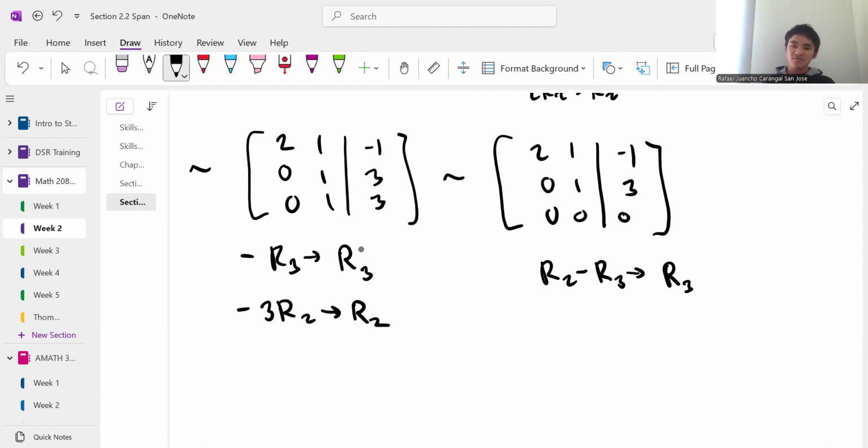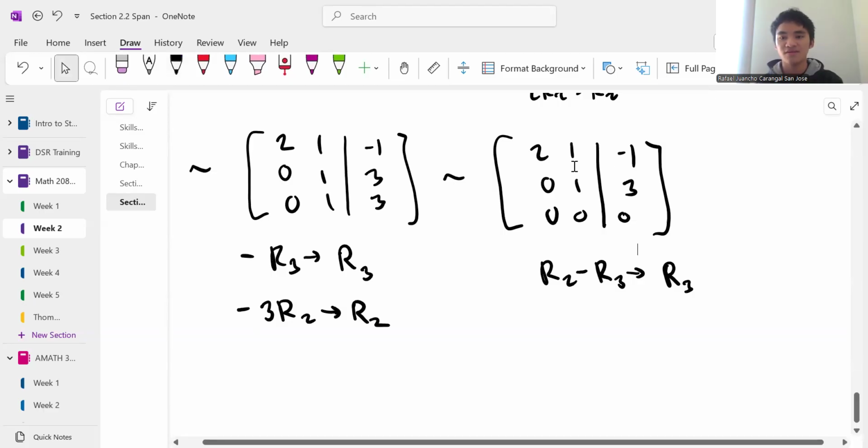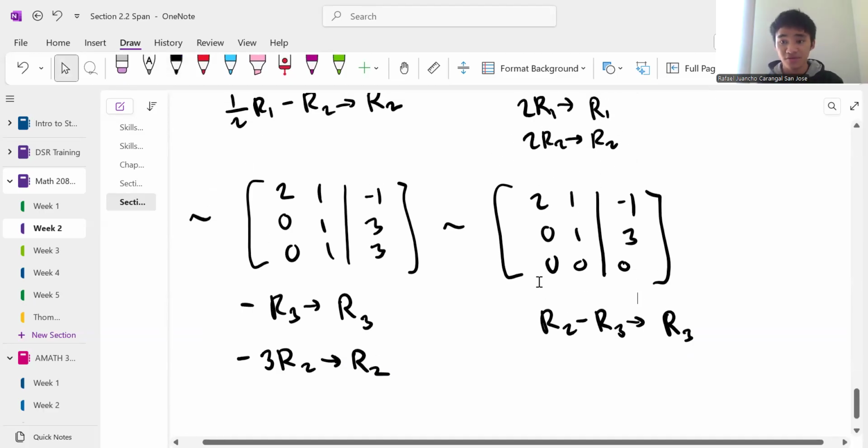So this is an echelon form, right? Leading terms are to the left. It's in descending order. All the 0 rows are at the very bottom. And no issues with anything so far. Yeah, it's an echelon form.